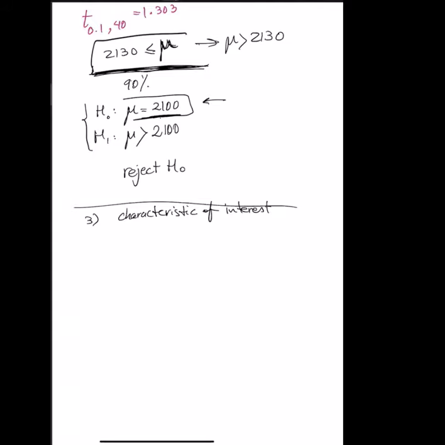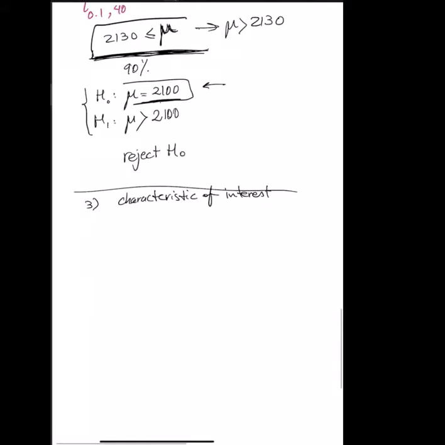Okay. So the characteristic of interest here is the proportion of the population that visits the doctor regularly. Okay, so this is what I want to find out. And the notation for this is what? How do I show this proportion? What is the notation?